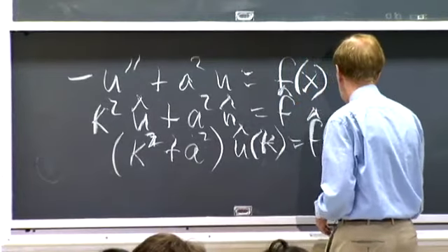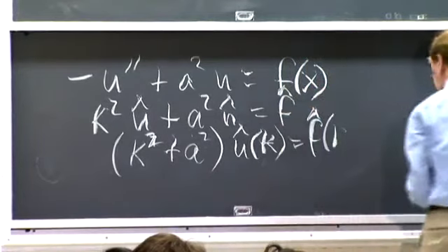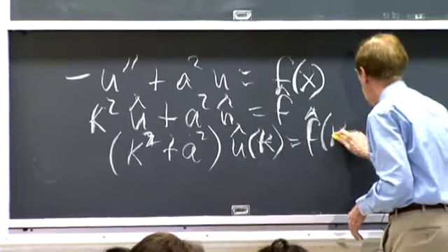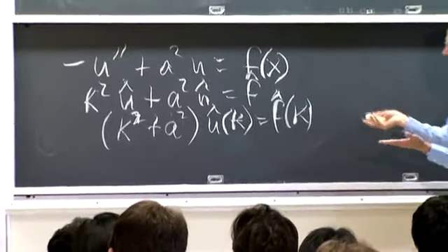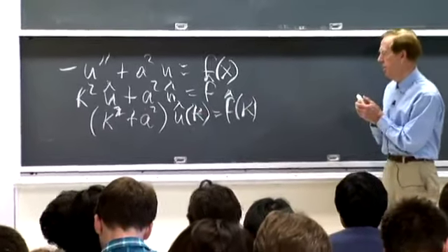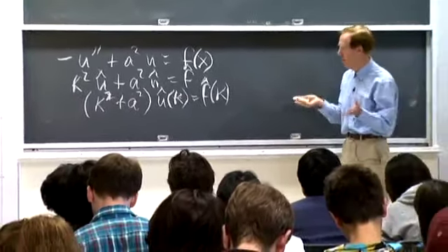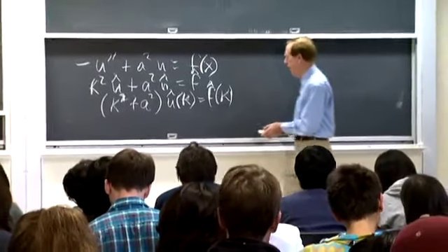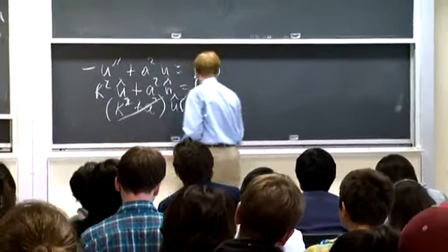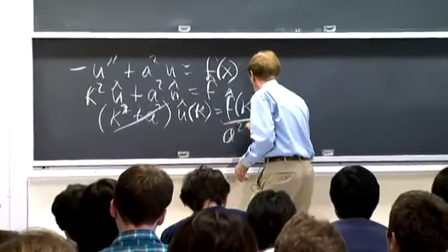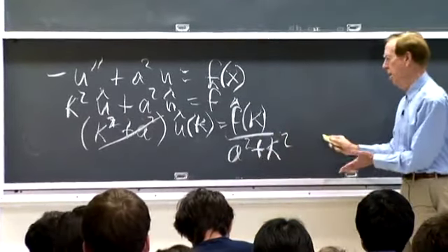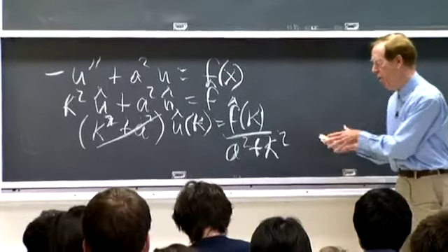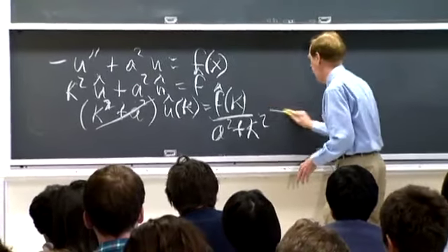Right, f hat of k. So we're in frequency space where we just see a multiplication. So again, now we just demultiply, just divide. And then we have the answer, but we have its transform, and then we have to transform back.